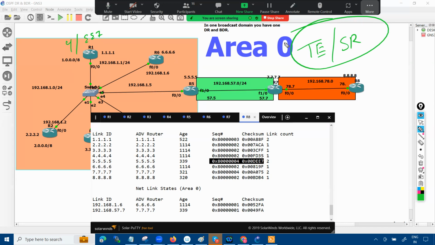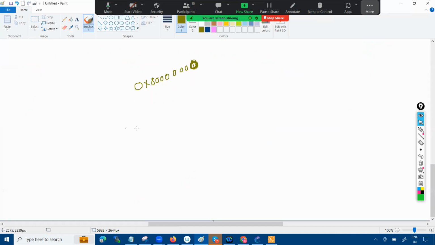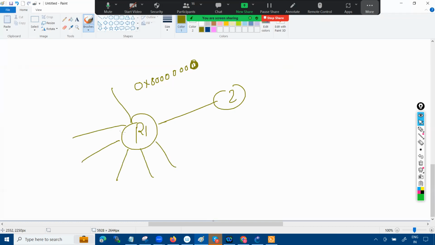The major point I'm trying to say is that the OSPF router LSA only contains link information. Doesn't matter how many links a router has, router 1 is only going to generate one single router LSA. In that single router LSA, it will put all the link information, 1, 2, 3, 4, 5, 6, 7.